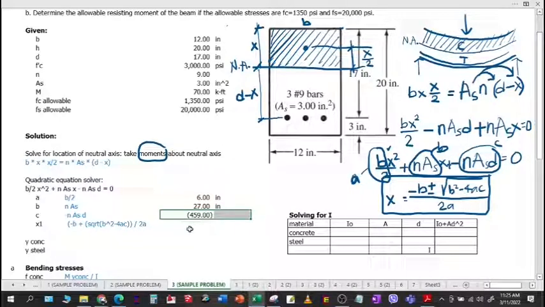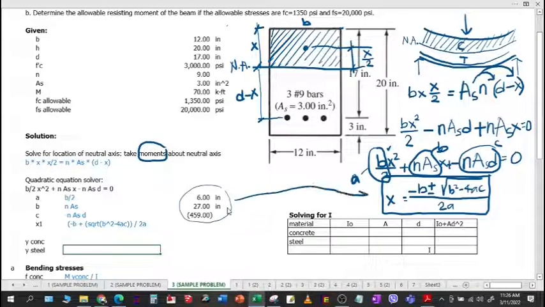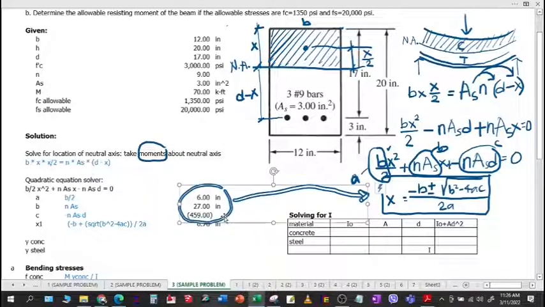Okay? And then after that, you plug in these three values in the quadratic equation, and you will generate an answer, which is 6.78 inches.